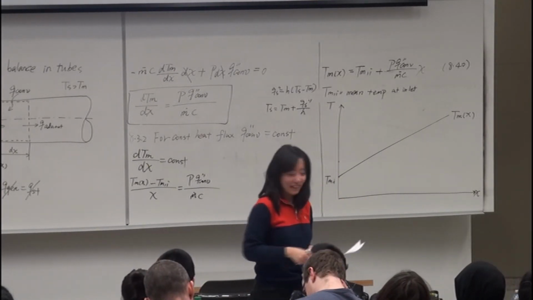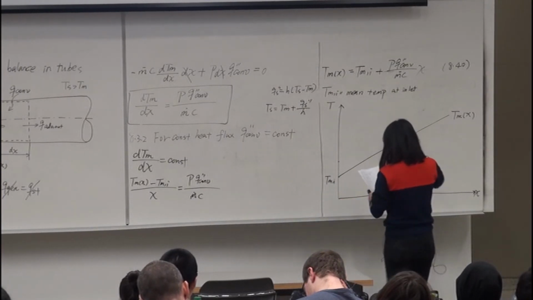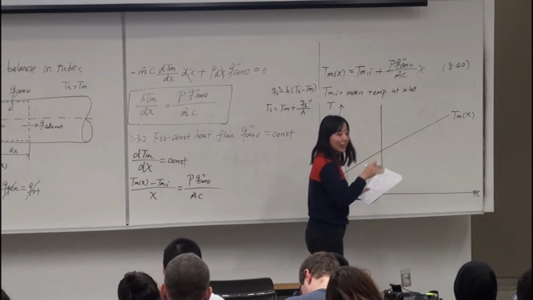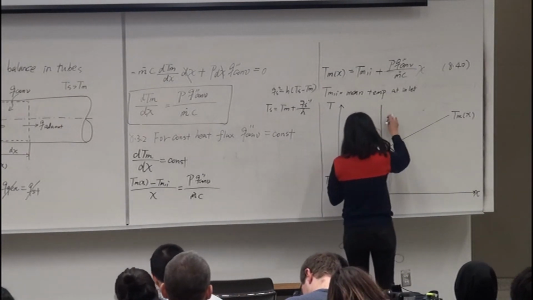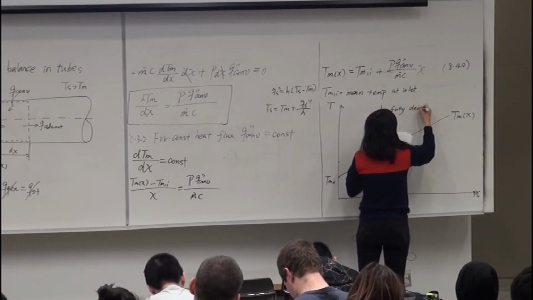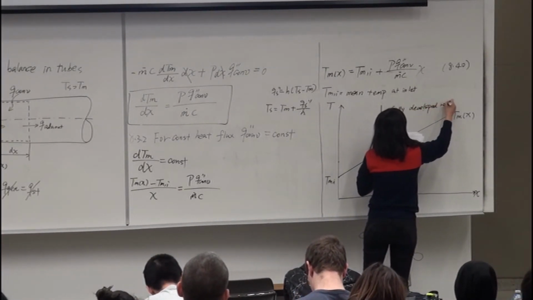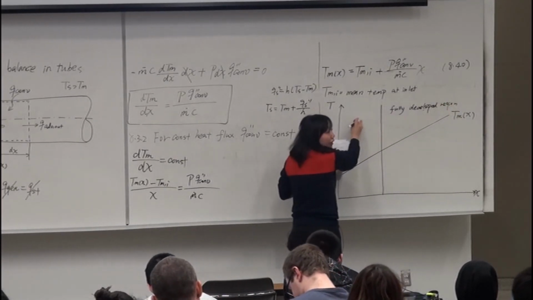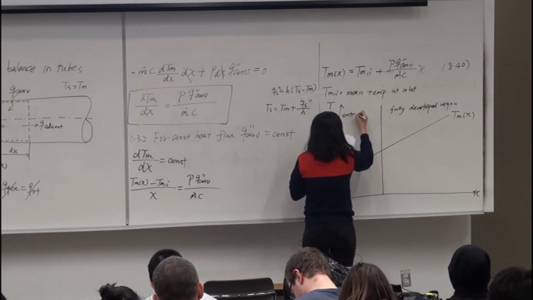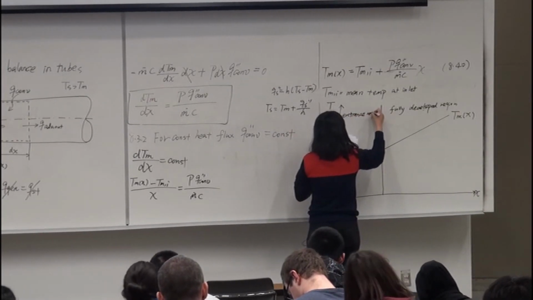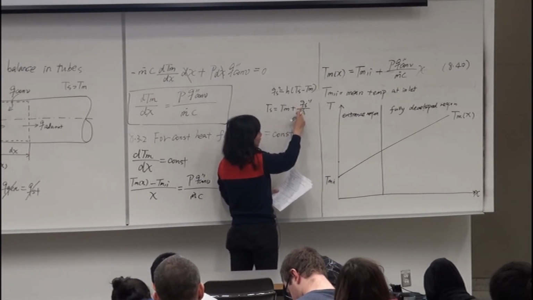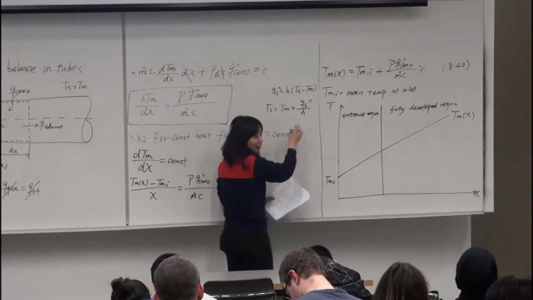Similar to the entry length, yes, exactly. We divide it into two parts, and here it is fully developed, then our h will remain constant. Here is the entrance region, where h decreases.